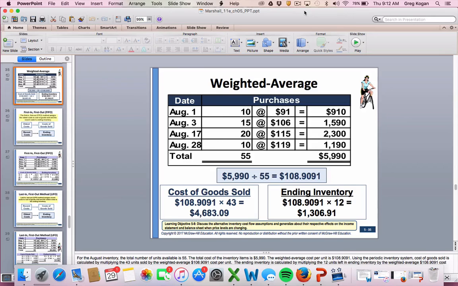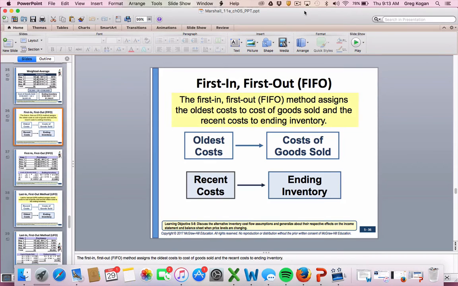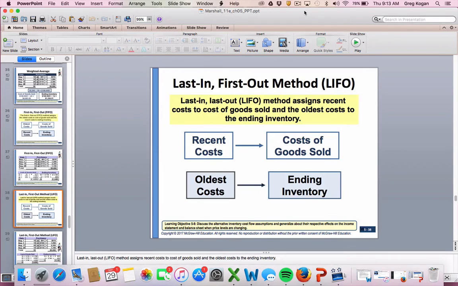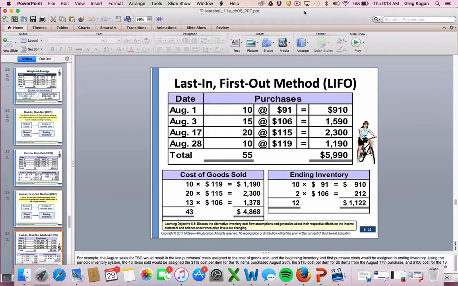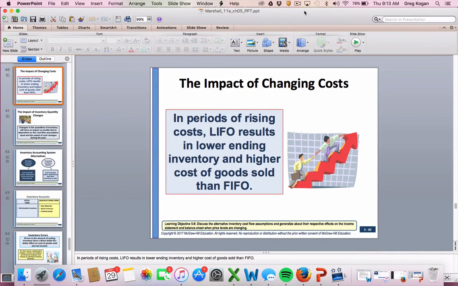So as we see here with this example, what we're trying to figure out is cost of the goods sold and the ending inventory, and it's different for LIFO and FIFO because with FIFO, what's ending inventory is the latest inventory you bought. With LIFO, it's the oldest inventory that you bought.